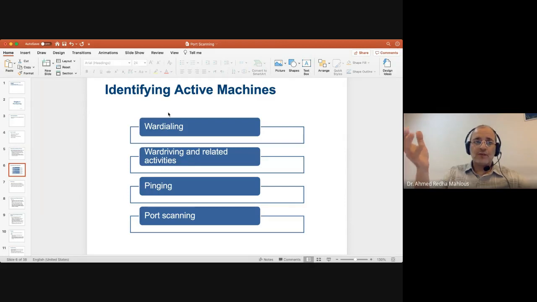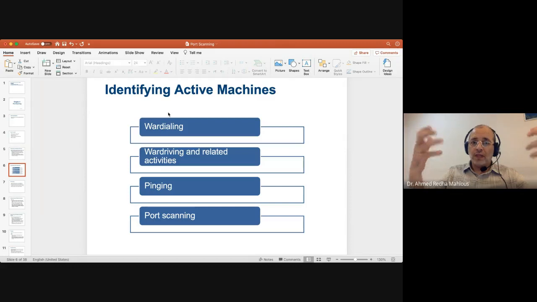For instance, if you discover that your target has 50 IPs, that means each IP corresponds to a specific machine. Among those 50, you are not going to waste your time attacking machines that are off.